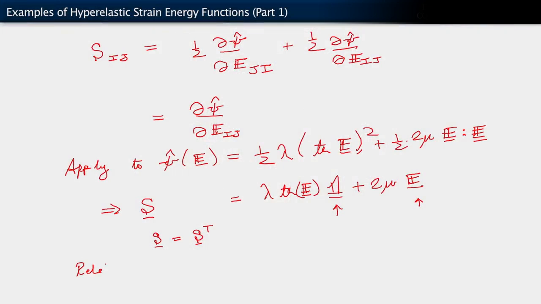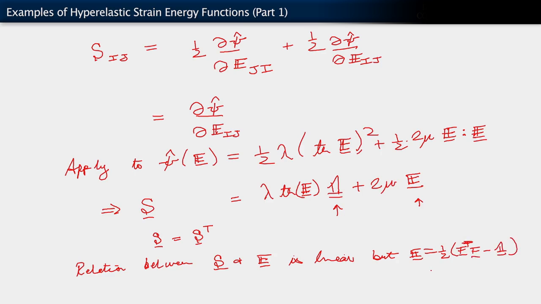Okay, so the relation between S and E for this particular model is linear, but E, which is 1/2 F transpose F minus the isotropic tensor, itself is nonlinear in the displacement gradient, right?